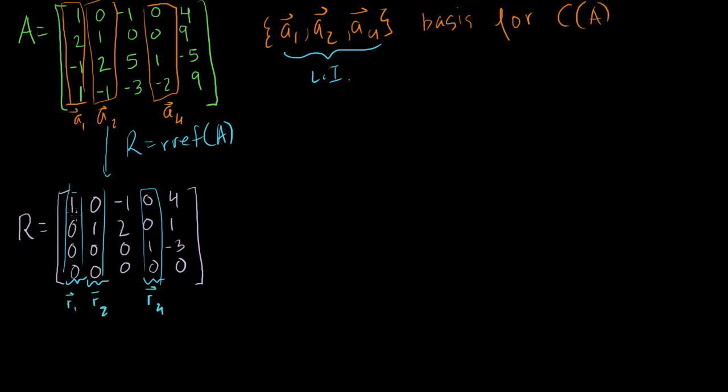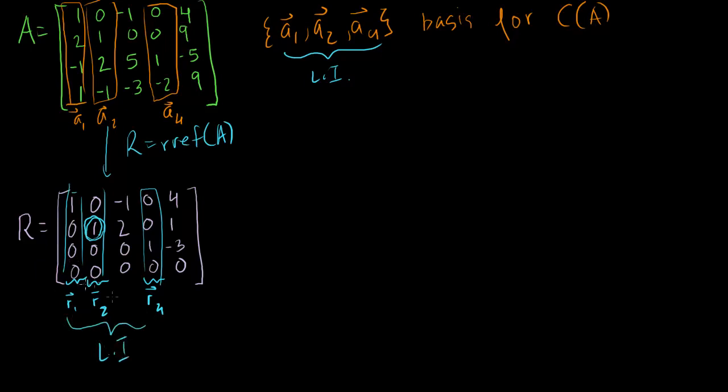They each have a 1 in a unique entry, and the rest of their entries are 0. This is true if we had n pivot columns: each pivot column would have a 1 in a unique place, and all of the other pivot columns would have 0 in that entry. So no linear combination of the other ones could ever add up to each of them. So these are definitely linearly independent.